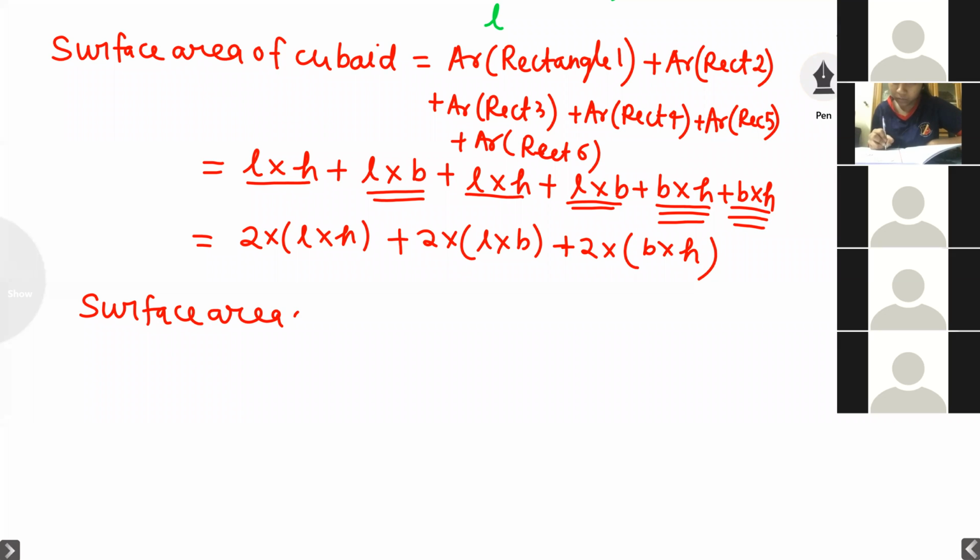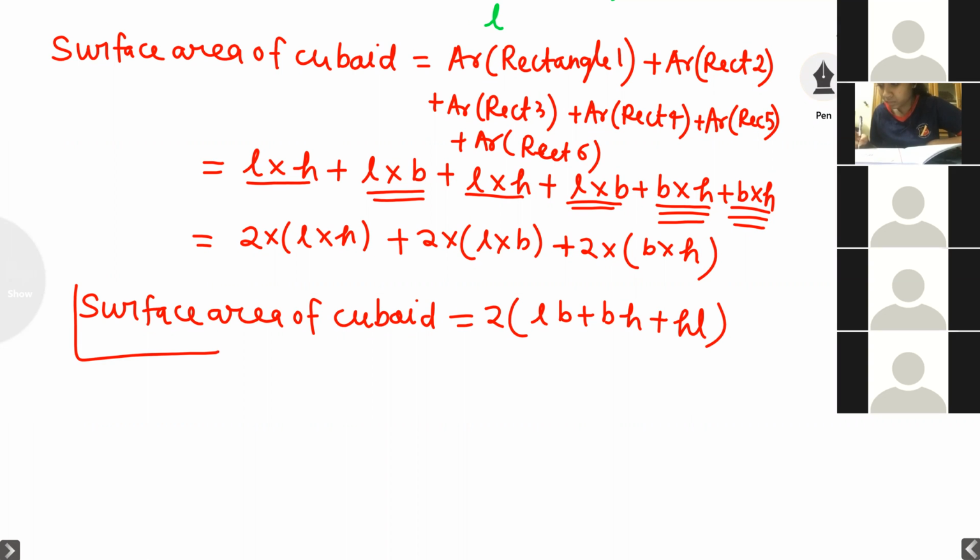Surface area of cuboid is equal to twice LB plus BH plus HL. This is the surface area of cuboid formula.